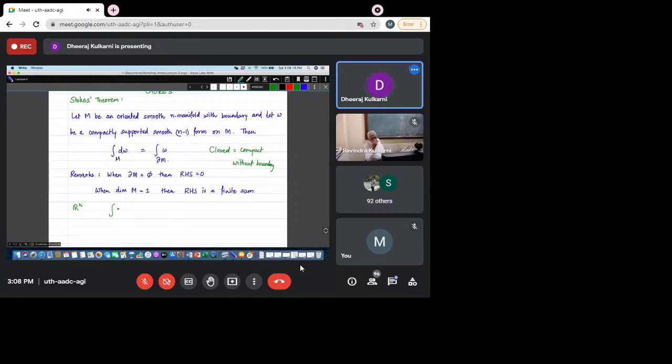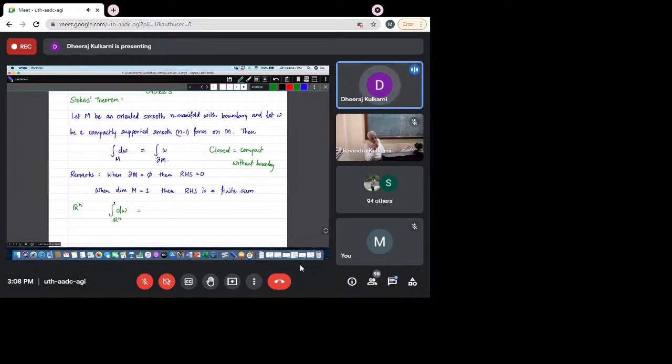If I integrate d omega over Rn, it is good enough to integrate this form onto some large cube, because omega is compactly supported.